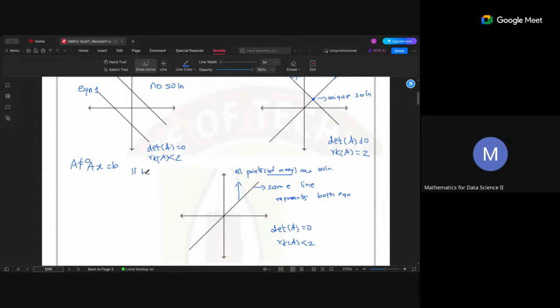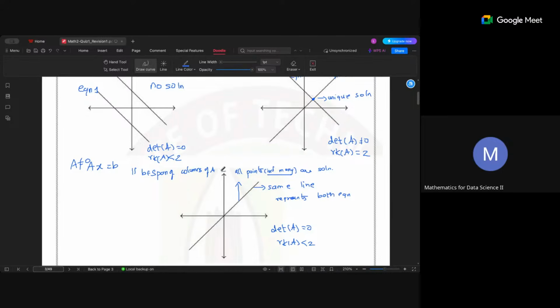If B belongs to the range of A, or the column space of A. I don't know whether column space comes in week 4 or week 5, so better I will use the span of columns of A. Span is anyway covered.